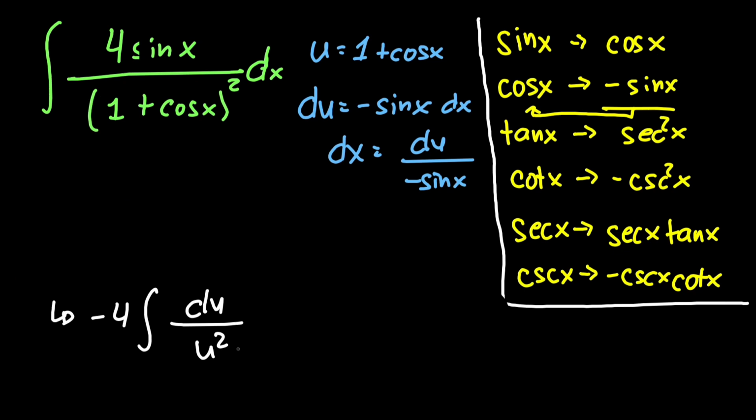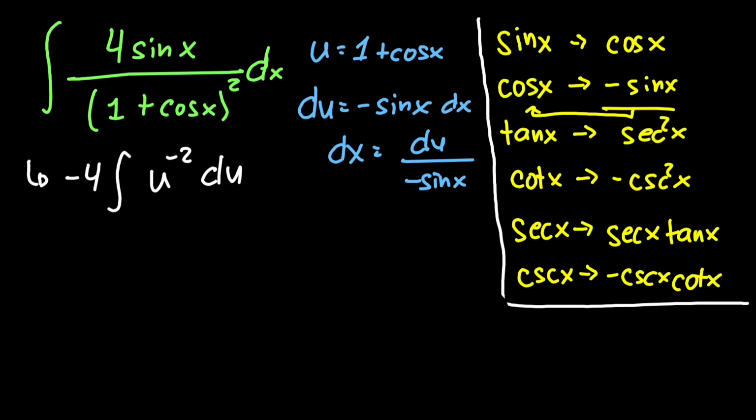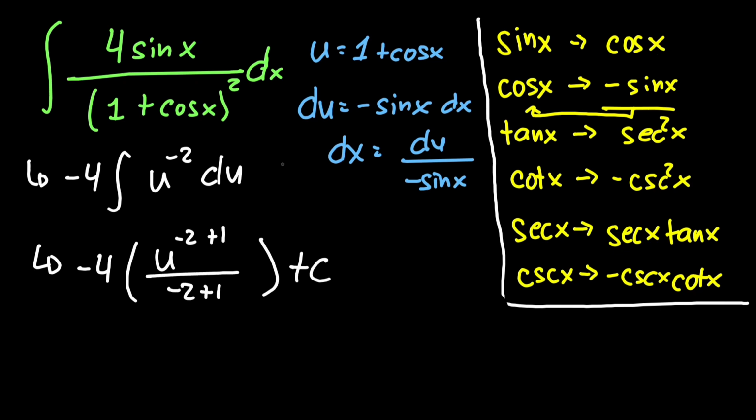And so you can actually put u on the numerator, but by doing that, the sign would change. So this would be negative 4 integral of u to the power of negative 2 du. By the power rule, this would be u to the power of negative 2 plus 1 over negative 2 plus 1 plus c.